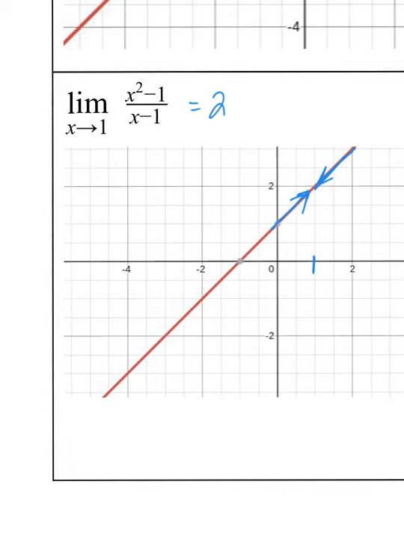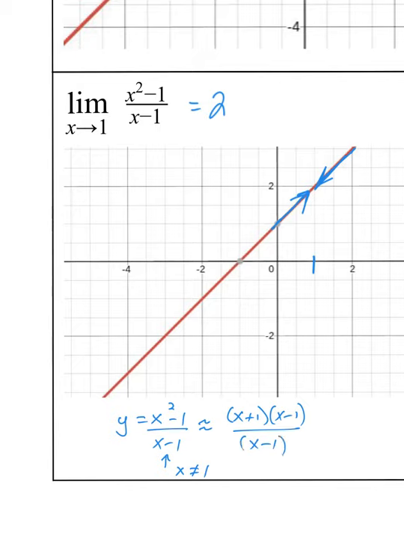Well, you probably remember that this function can be simplified. In actuality, x cannot equal 1, because that would make the denominator equal 0. So this function is equal to x plus 1 times x minus 1 over x minus 1.